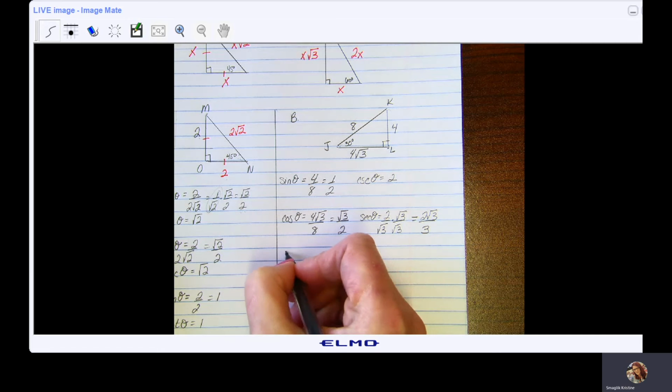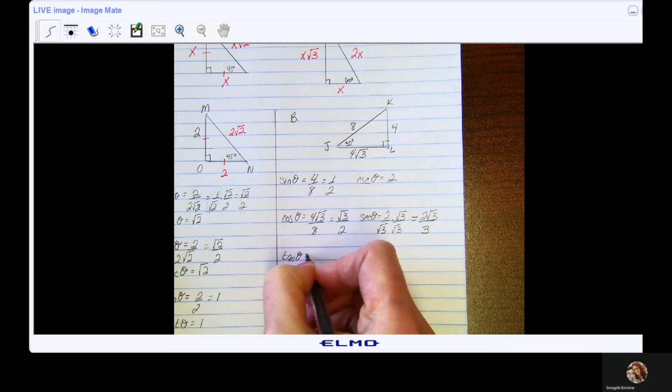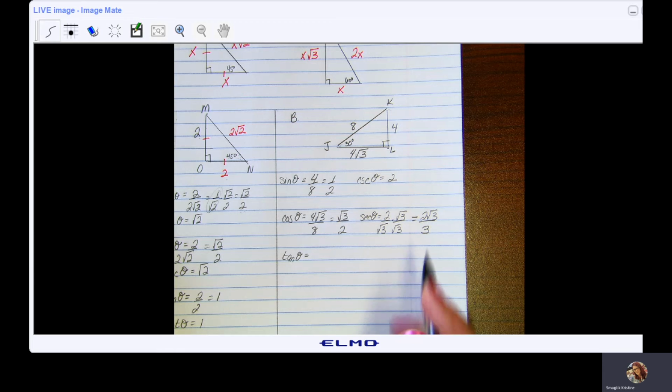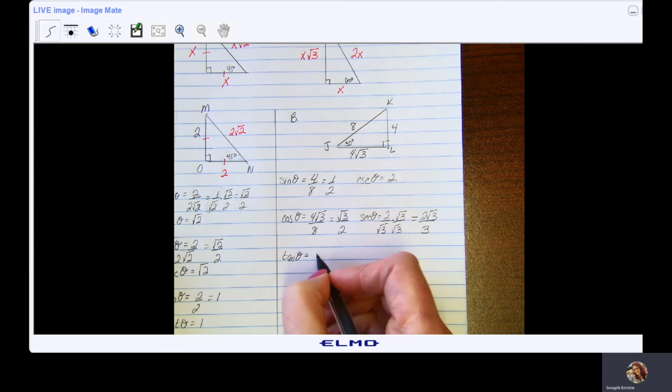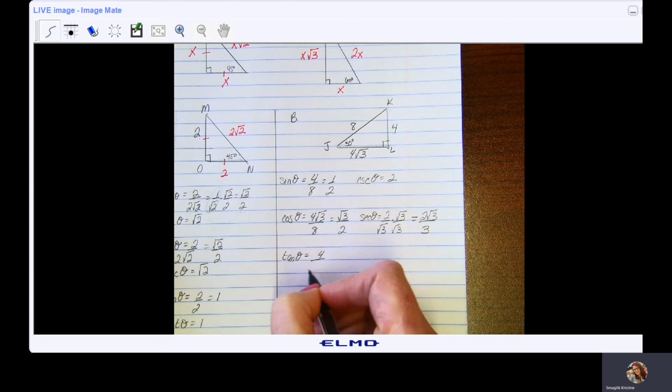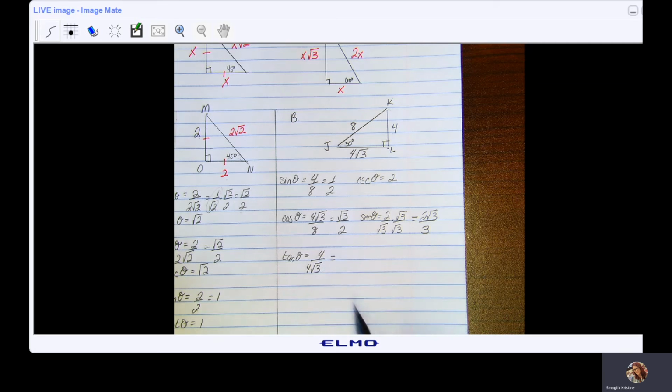And now tangent. Opposite over adjacent. So here is opposite over adjacent. So that is 4 over 4 times the square root of 3. I can reduce this fraction. 1 over the square root of 3.